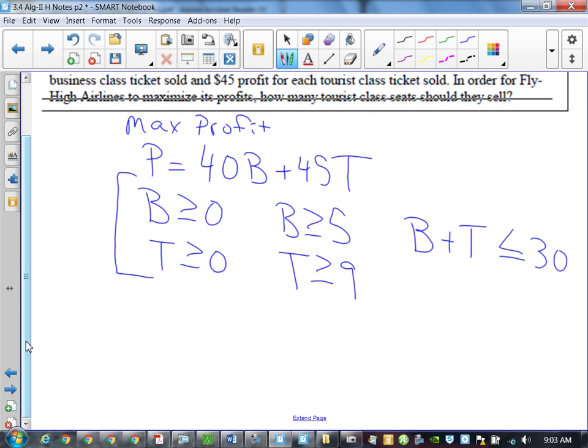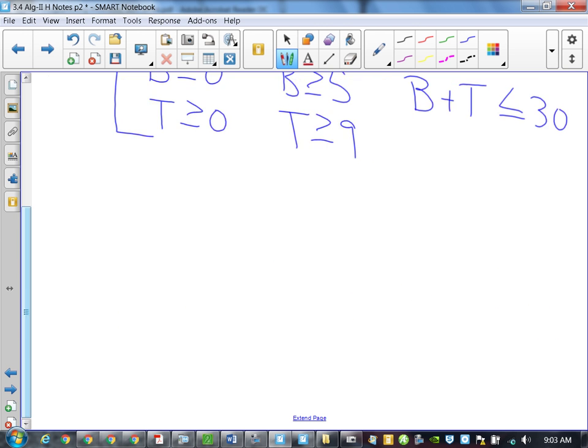Can I slide this up? Are we okay? So when I go to draw this out, we know it has to be first quadrant. Is it okay if I call this business and this one tourist, just because of the alphabet, X and Y? It'll work either way as long as you're consistent with your label. I know that everything has to be moving outward because it's first quadrant.